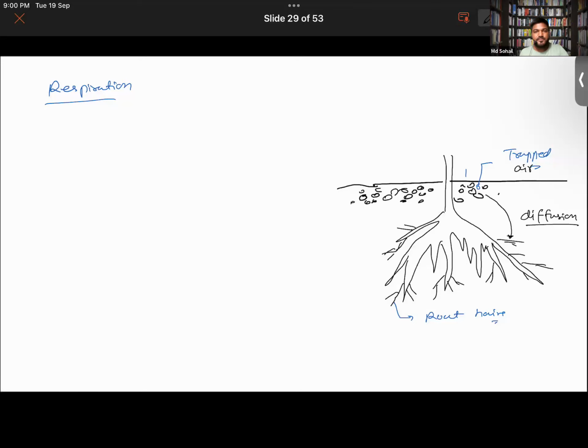Can you explain once again what happens if diffusion doesn't happen? If diffusion does not happen, in that case what happens? Look here, if you have a pot, normally people have flowering plants and they fail to keep them alive.